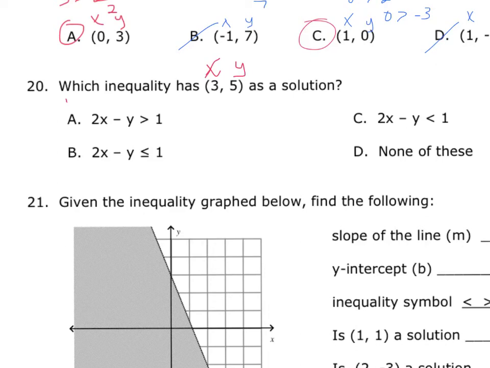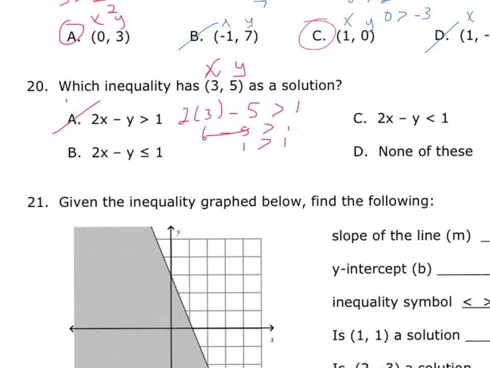So in letter A, it's going to be 2 times x, so 2 times 3 minus 5 for y. And that's going to be greater than 1. So we get 6 minus 5 is greater than 1. 6 minus 5 is 1. 1 is not greater than 1. They're equal, so that is not the inequality that is the solution for.